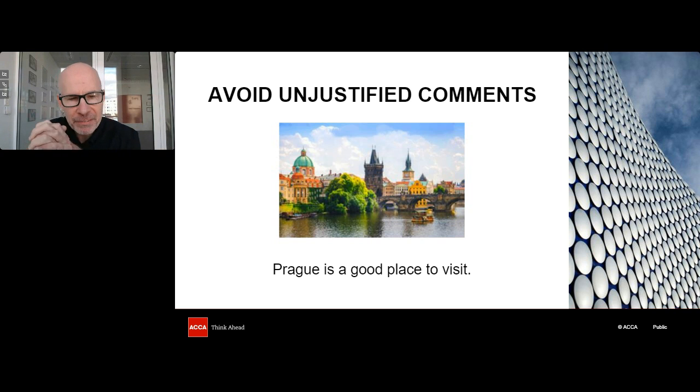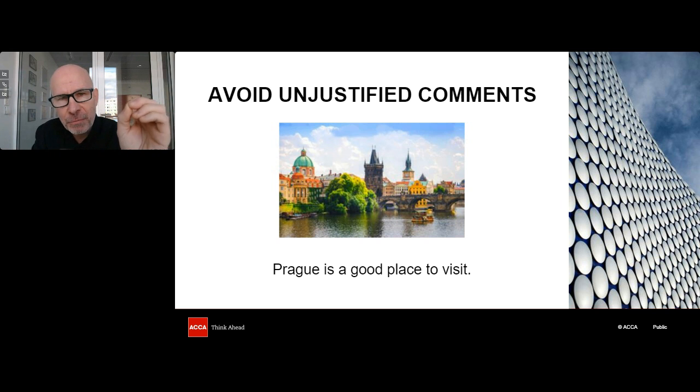Prague is a good place to visit. We are now evaluating Prague as a destination, tourism destination. No mark awarded. I did not use any evidence from the scenario to build up a logical argument.